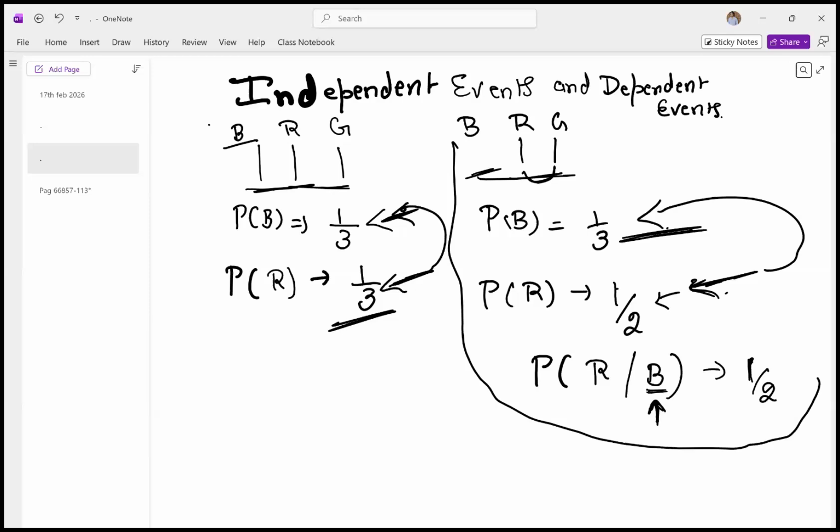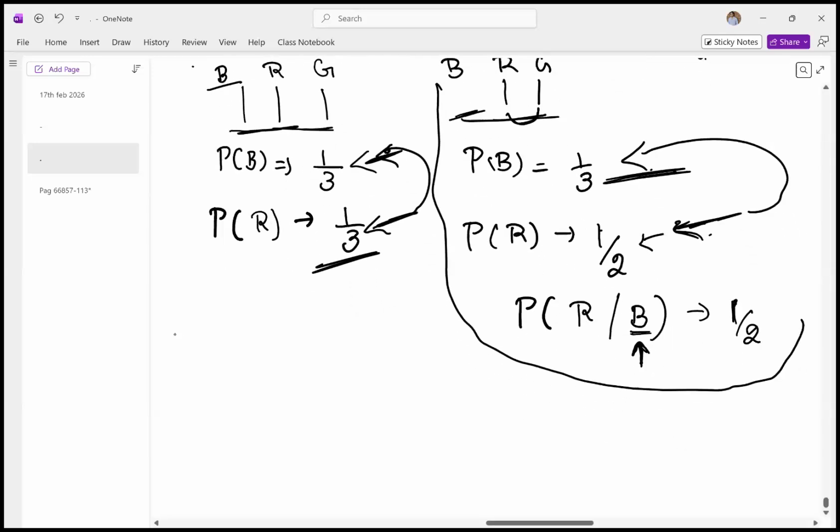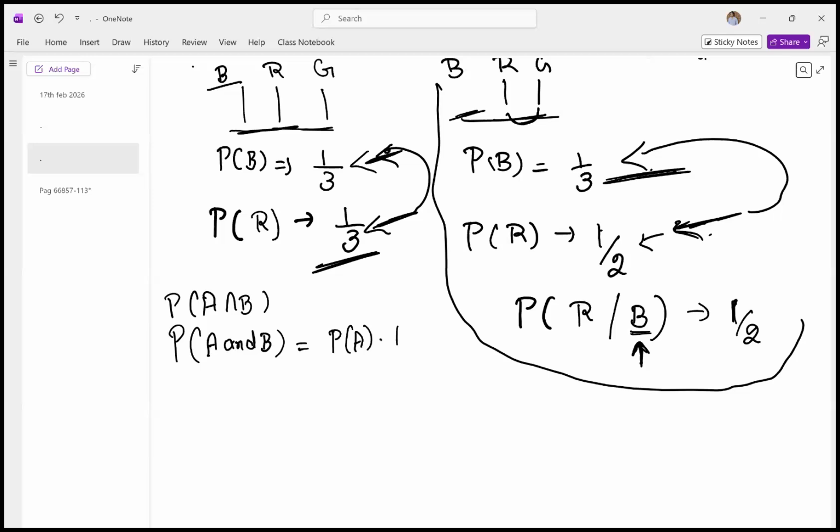So the formula, if you look into the formula booklet, the formula for independent events is the probability of selecting A and B, which also means probability of A intersection B, which is equal to probability of A times probability of B. This is for independent events, meaning the probability of the next event is not dependent upon the previous event.